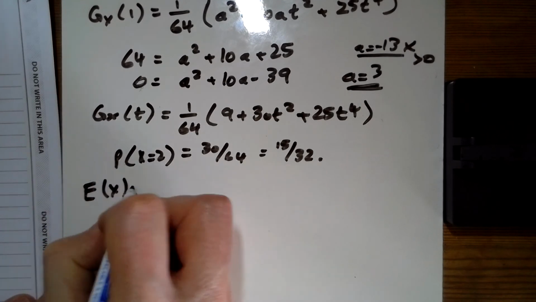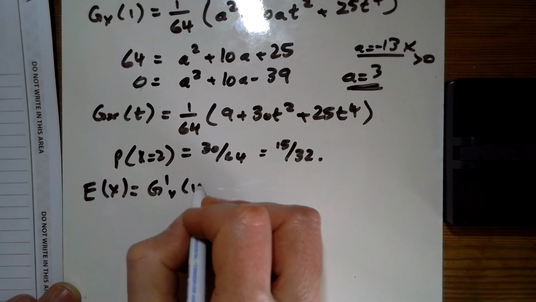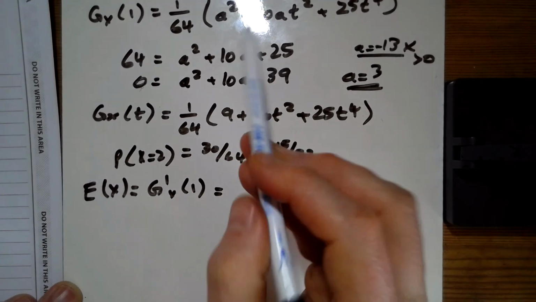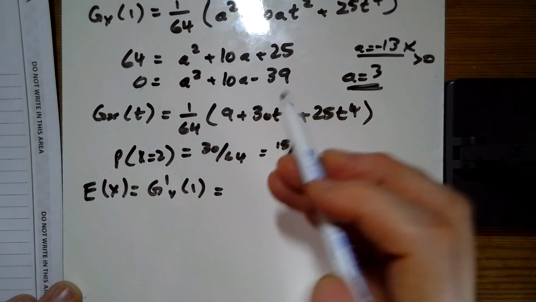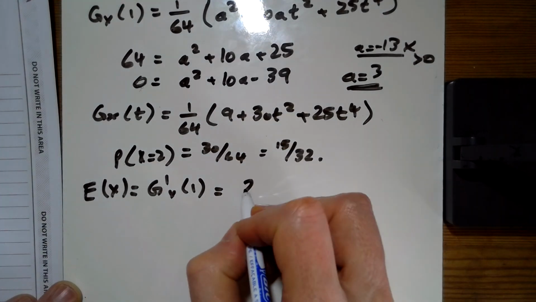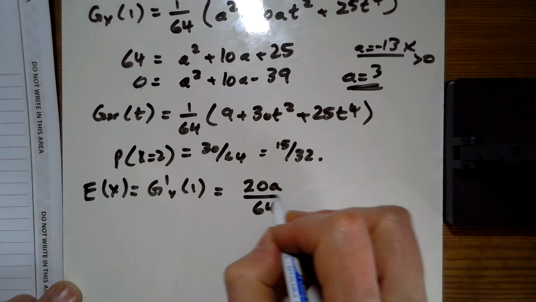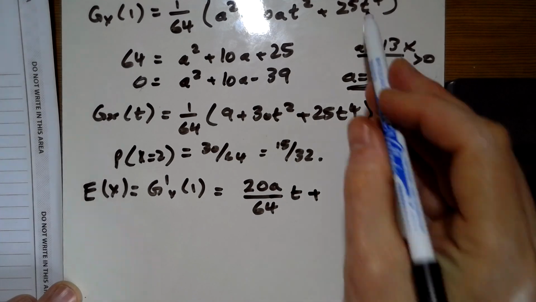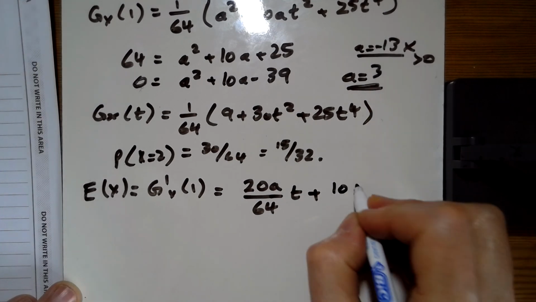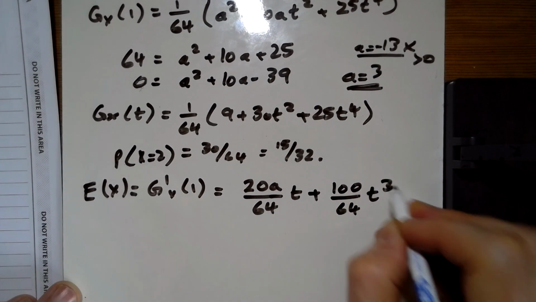So the expected value of x is when we differentiate it and throw a 1 in. And as we've already done this, of course, the constant's going to disappear here, isn't it? So we're then going to get 20a over 64 times t plus 100 over 64 t cubed.